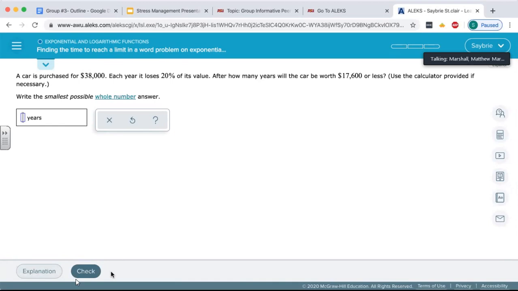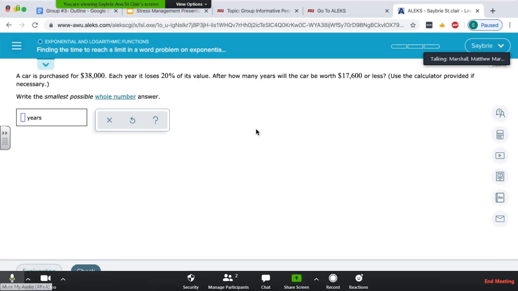Alright, so that's the wording that confused us, because that last problem took the percent and added it to 100. But see how this one is each year loses 20% of its value? So that means I'm using 80% right there. If that makes sense. Right? So if each year you're losing 20% of your value, you're only having 80% each year, I think.